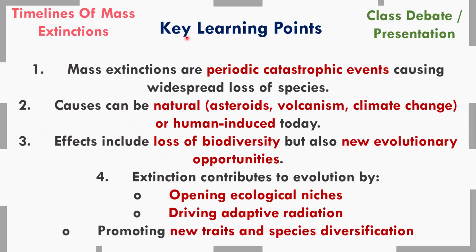Let's look at the key learning points. Mass extinctions are periodic catastrophic events causing widespread loss of species. Causes can be natural, like asteroids, volcanism, climate change, or human-induced today.